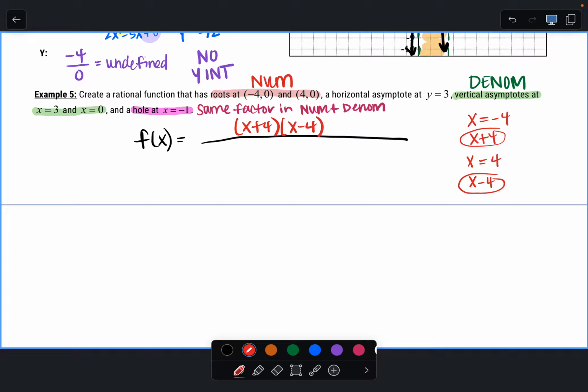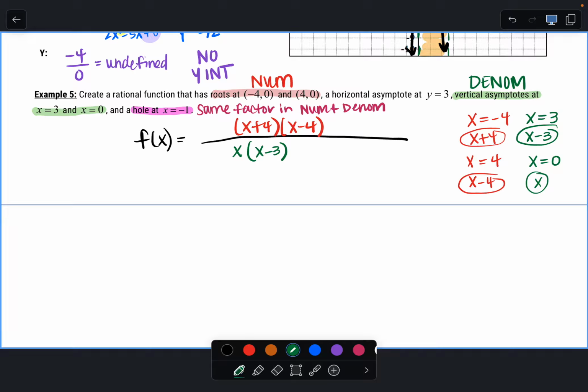Same idea for our vertical asymptotes. If I got x equals 3, what factor did that come from? X minus 3. And if I got x equals 0, what factor did that come from? Just a single x. So that means an x in the bottom and an x minus 3.